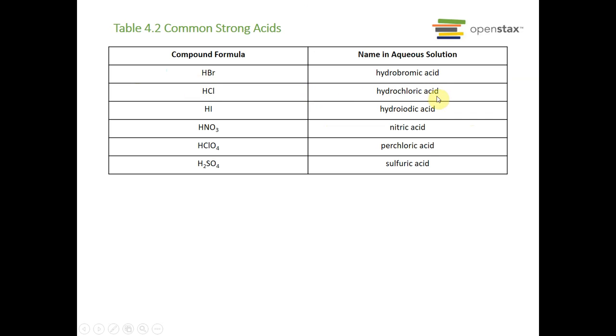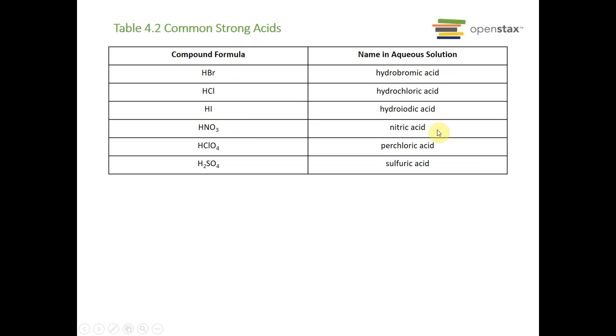HCl is also called muriatic acid, and maybe you use that in treating swimming pools. Hydrobromic acid is not used that often in ordinary daily life, nor hydroiodic acid.